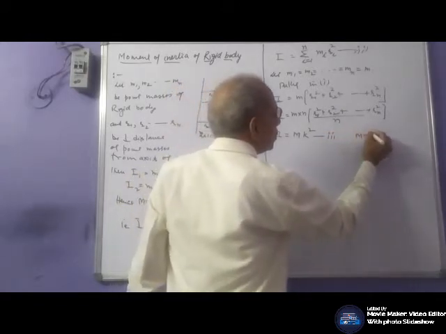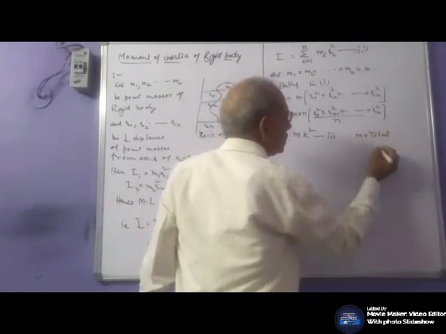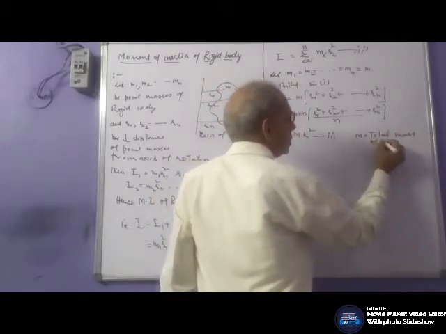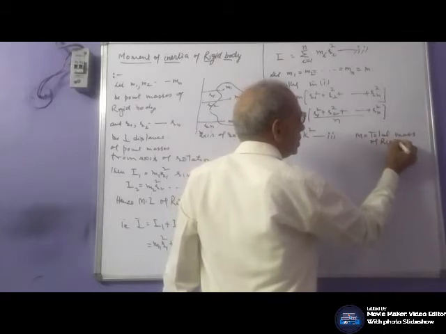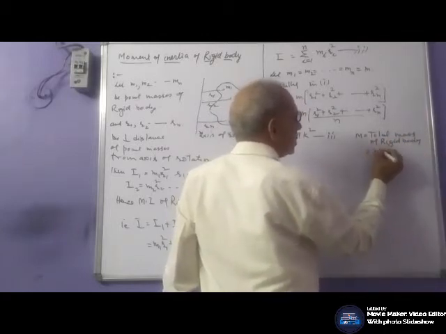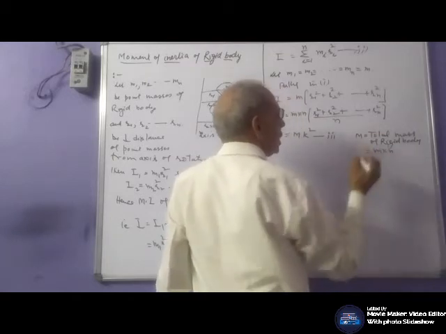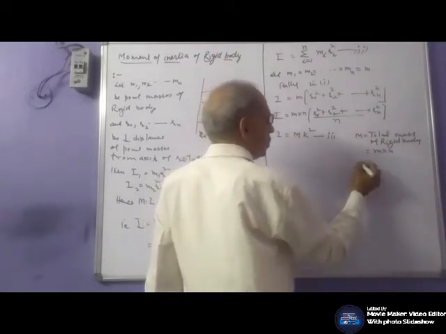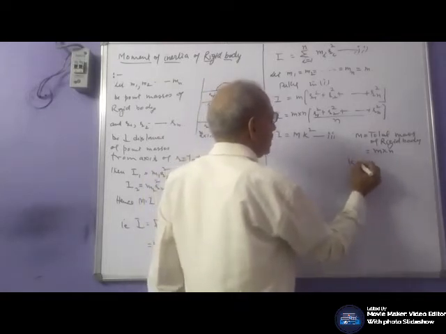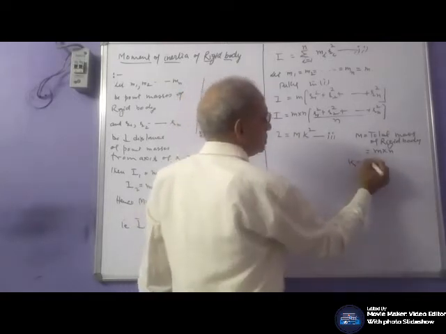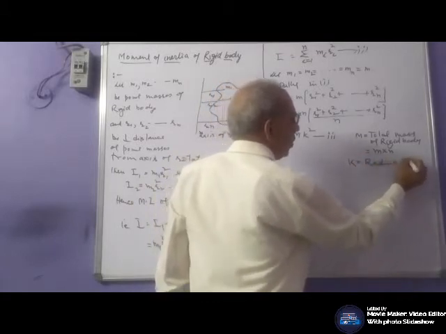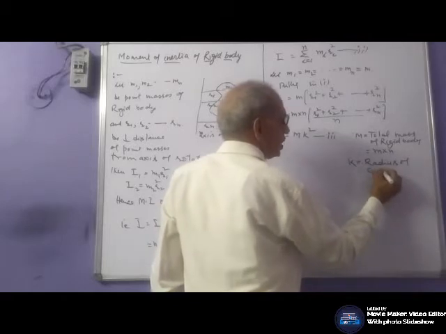M is the total mass of the rigid body, and n is the number of particles. And k is the radius of gyration.